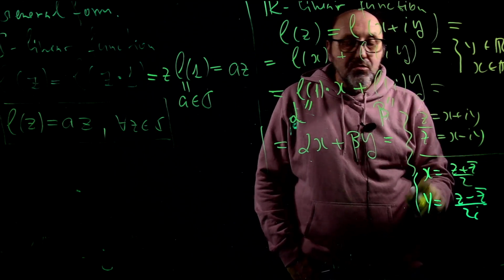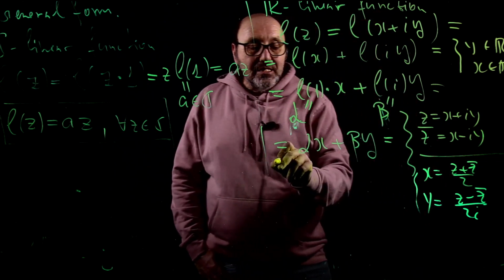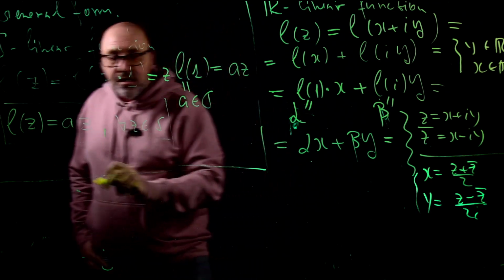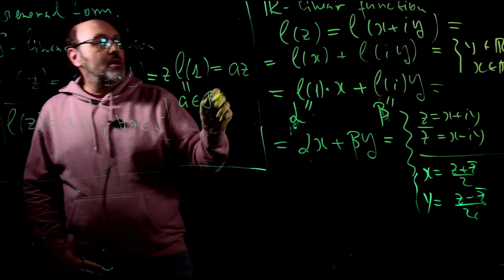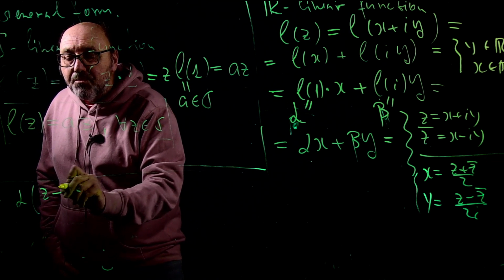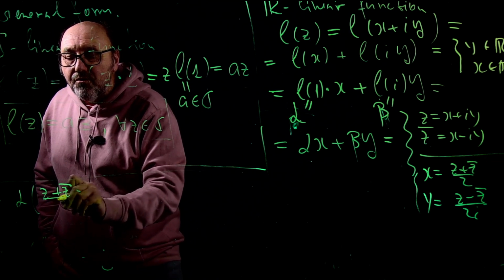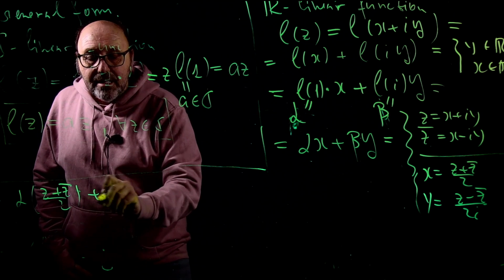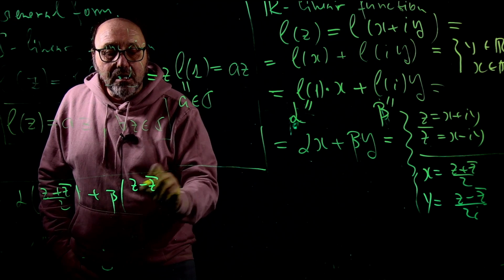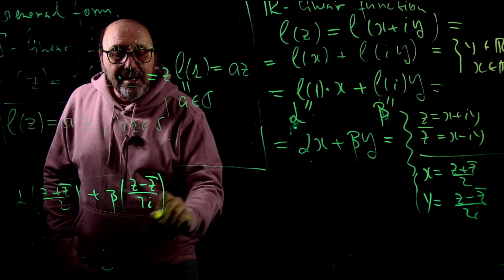And we substitute it instead of x and y. I obtain alpha times (z plus z bar) over 2 plus beta times (z minus z bar) over 2i.